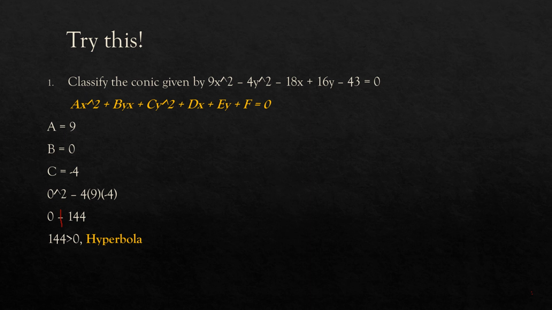Next we have x squared minus y squared minus 1 is equal to 0. First we need to identify the values of a, b, and c. Since there is no coefficient on x squared, it is automatically 1.